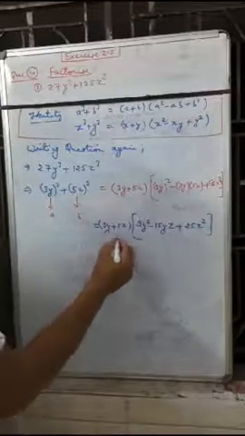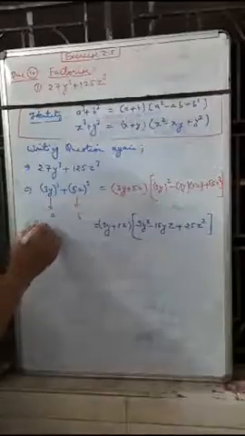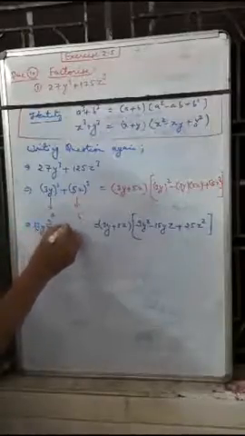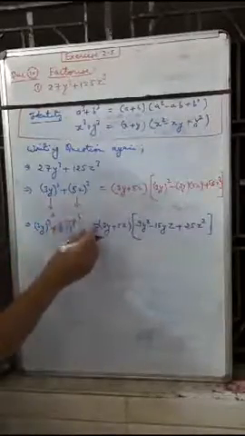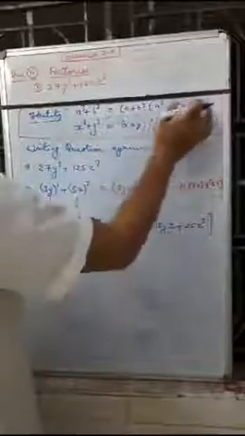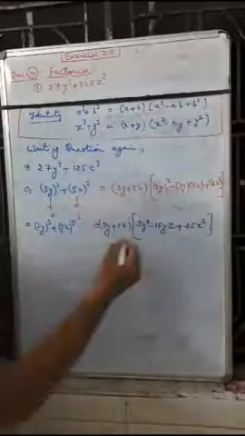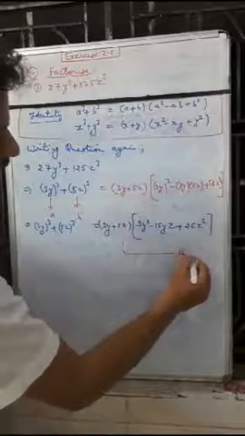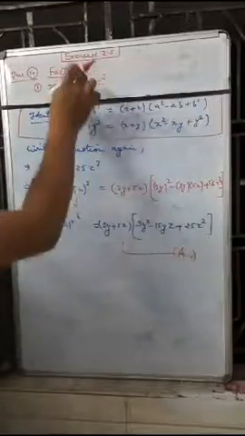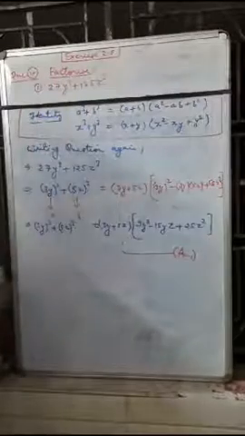So definitely we have converted (3y) whole cube plus (5z) whole cube into the form of (a plus b)(a square minus ab plus b square). So now we get the solution, it is the answer of the given problem, the factorization of 27y cube plus 125z cube.